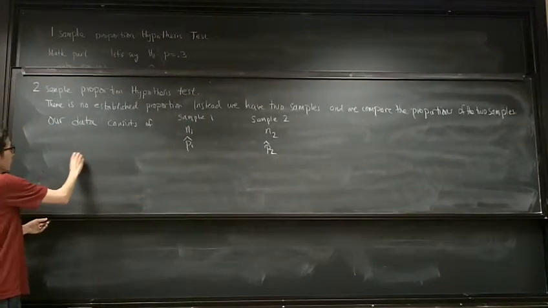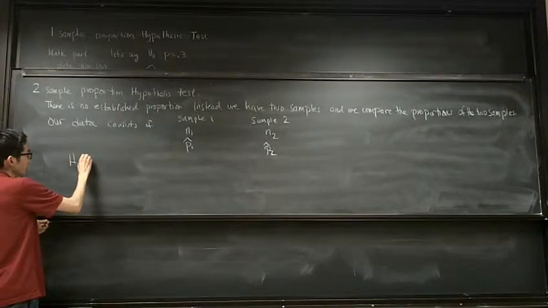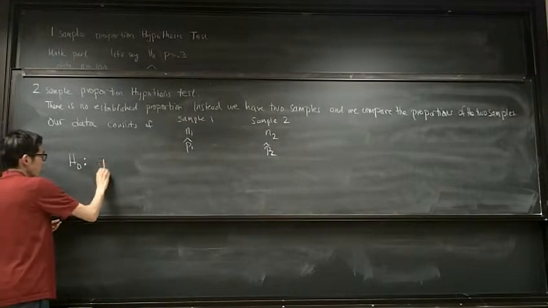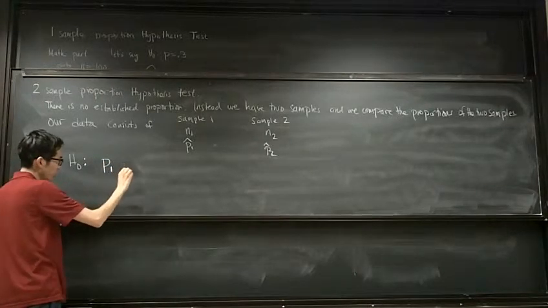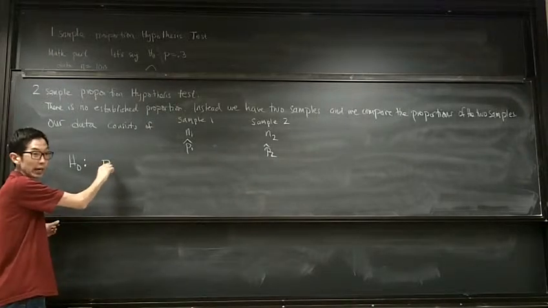So here, the null hypothesis for a two-proportion sample test is always going to be P1, the proportion from the population. Notice there's no hats.